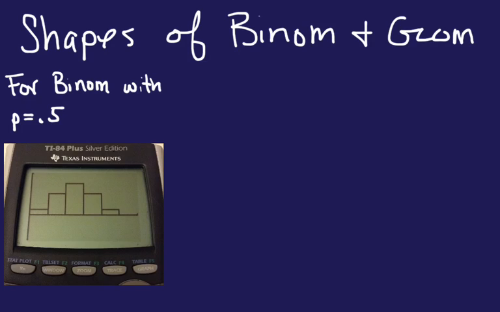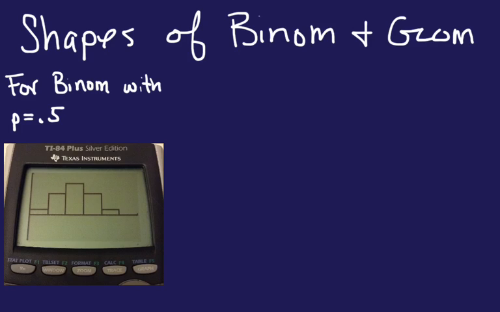So for binomial distribution, basically I took a very small binomial distribution, and we're discussing shape at this point, so be careful not to describe this as normal. It is symmetric and single peaked, but remember the normal model, we're not really describing that. We're just going to be talking about, is it symmetric, is it skewed left or right, stuff like that.